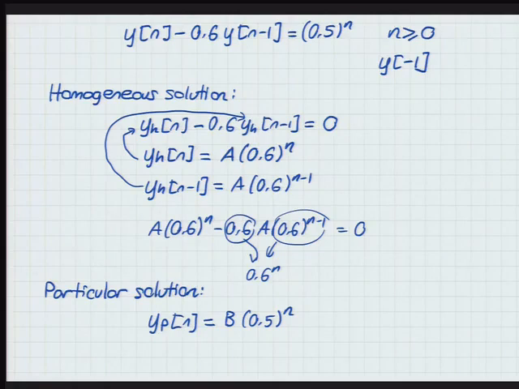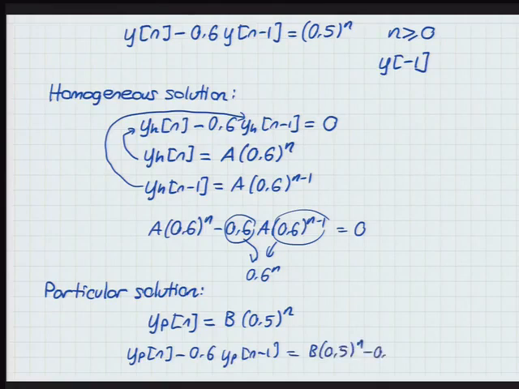It's a solution that works, right? So if I substitute this back in here, yp of n minus 0.6 yp of n minus 1 is b 0.5 to the n minus 0.6 b 0.5 to the n minus 1.